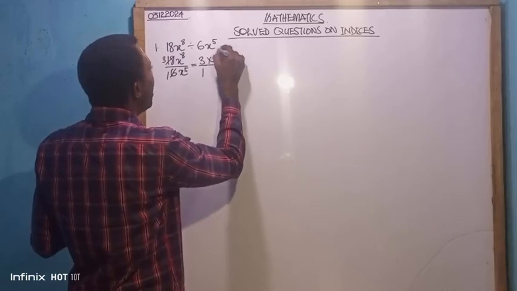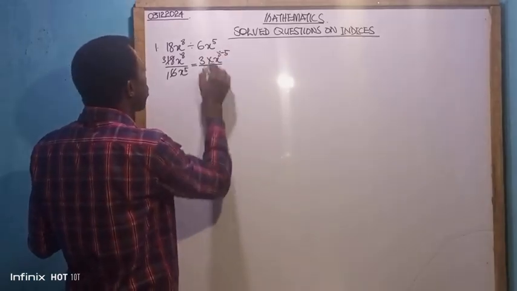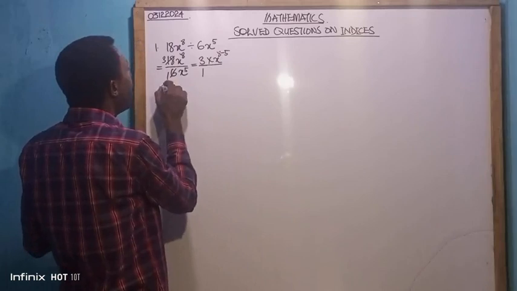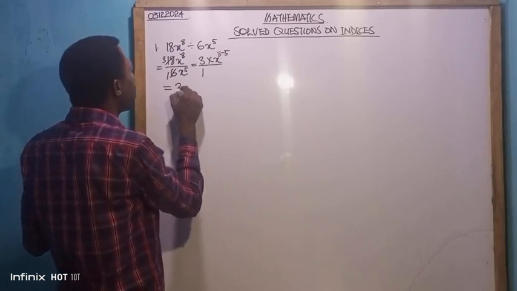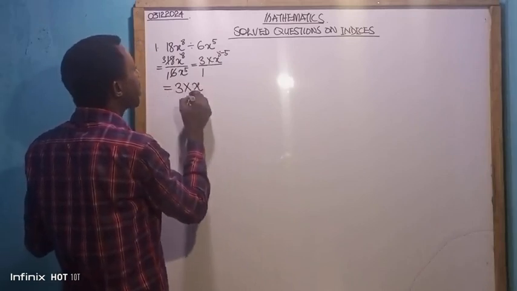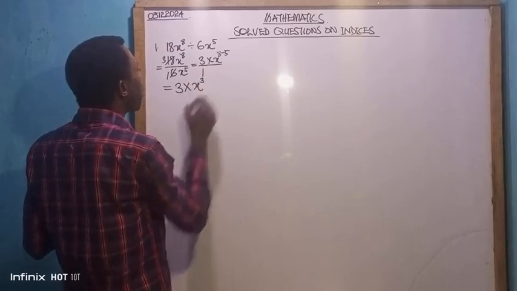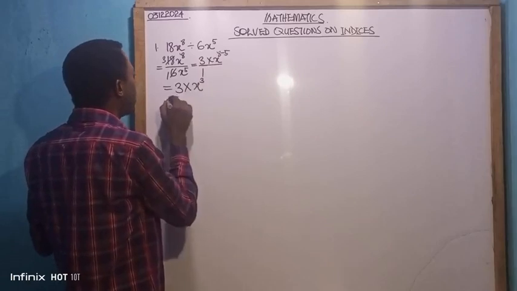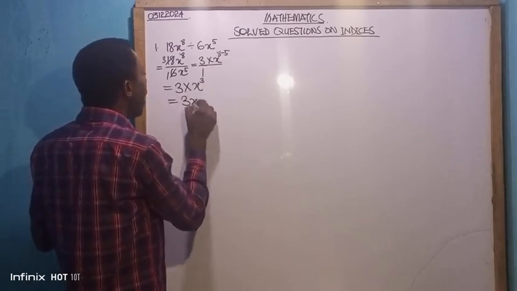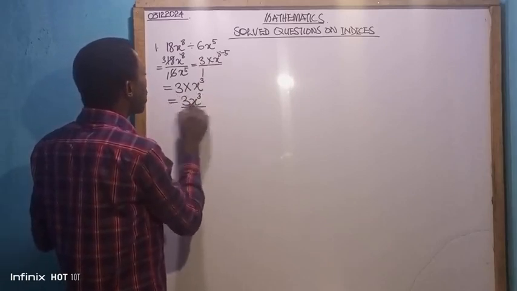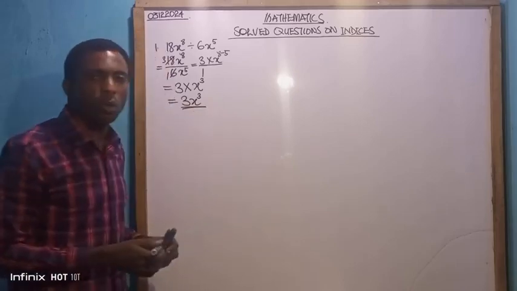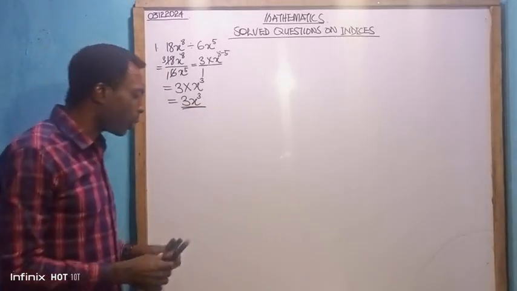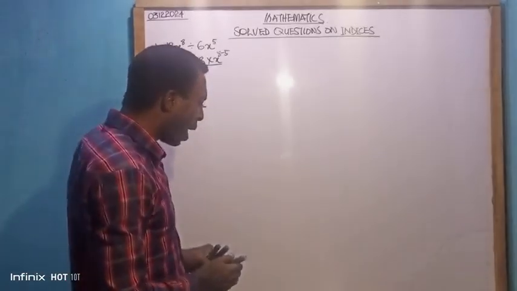That means we have 8 minus 5. So it is going to be 3 times x raised to power 3. By the time you multiply 3 by x raised to power 3, that will give us 3x raised to power 3. There's nothing else we could do about that. That is the last point, and that will be our final answer.